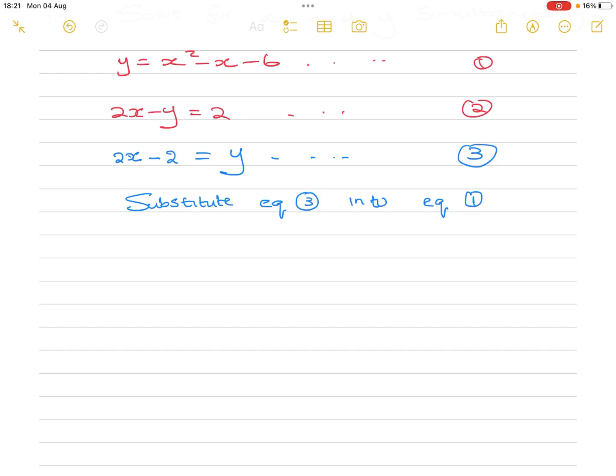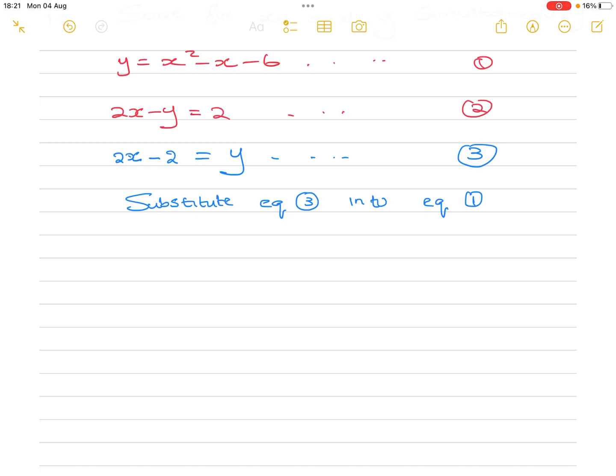Where I see the value of y, I plug in 2x minus 2. Why do I do that? I'm trying to reduce the number of unknown variables, because if you look here, y is an unknown, x is an unknown. By writing these things in terms of x, I'll be having only one unknown.